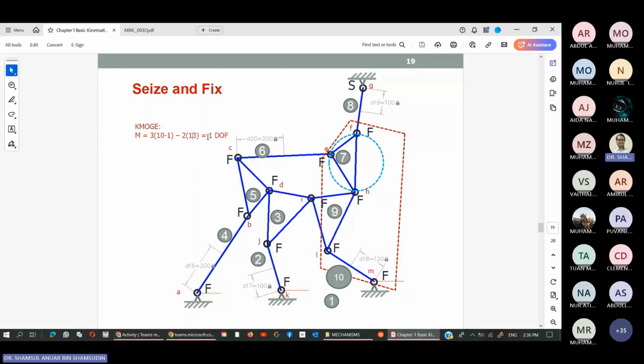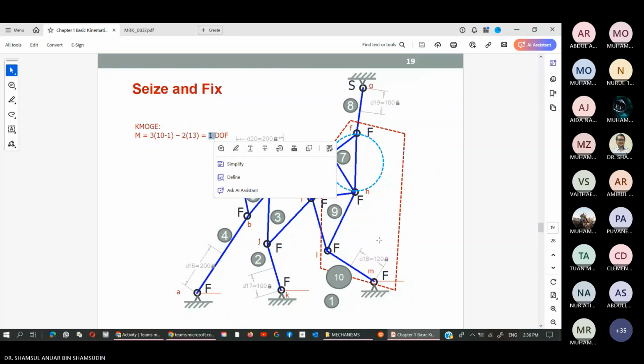And this whole thing will have a 1 degree of freedom system, meaning if I move one link, all the other links will move accordingly. They cannot move independently. So some will move a lot, some will move just a little bit.